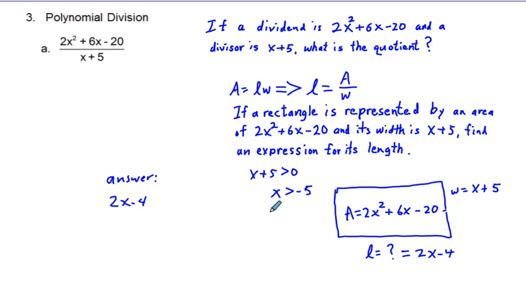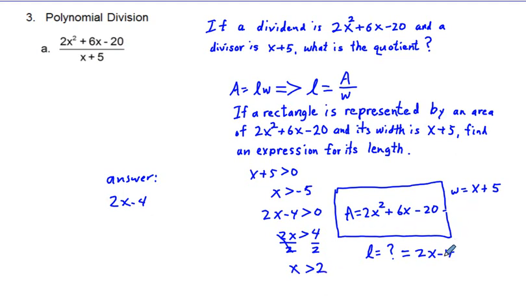And also our length has to be a positive number, so 2x minus 4 has to be greater than 0. And if we add 4 to both sides here, 2x is going to be greater than 4, and dividing by 2, x is greater than 2.